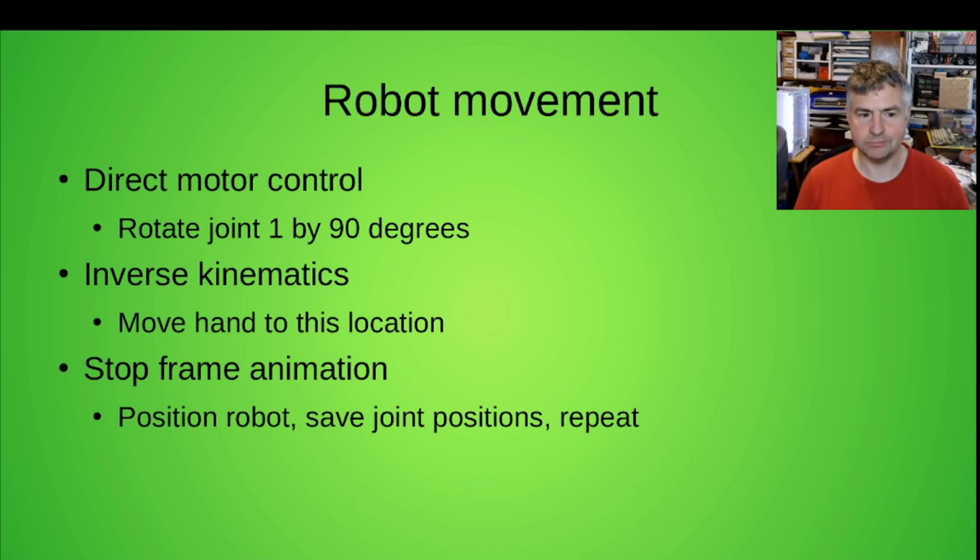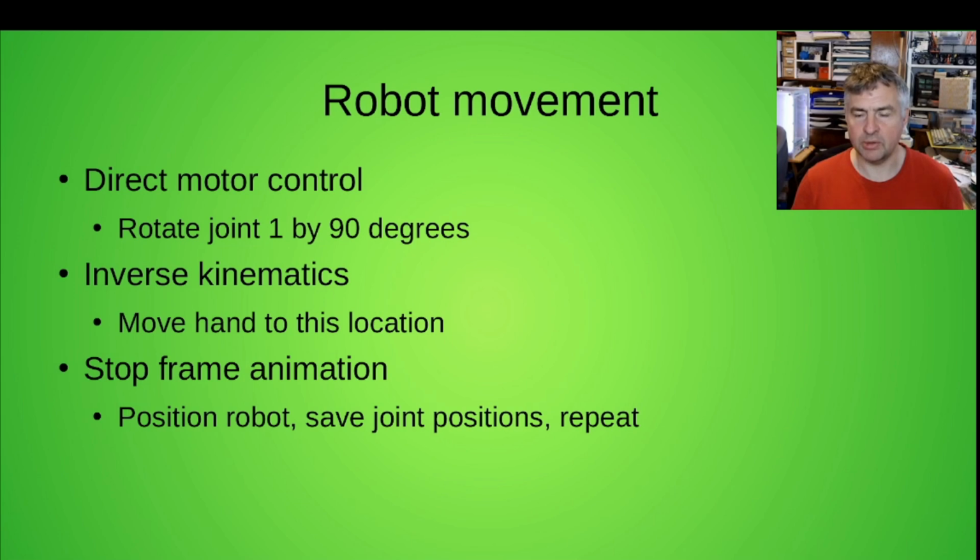The second general technique is called inverse kinematics, and this is where you have a particular target in mind, and you don't really care what the joint angles are, or the motor speeds. You just want the robot to reach that particular target. So, for example, supposing you've got an app where the robot needs to pick up a ball, and maybe you've identified or calculated the position of the ball using some other technique, maybe using a camera, and you just want the robot's hand to move to where the ball is.